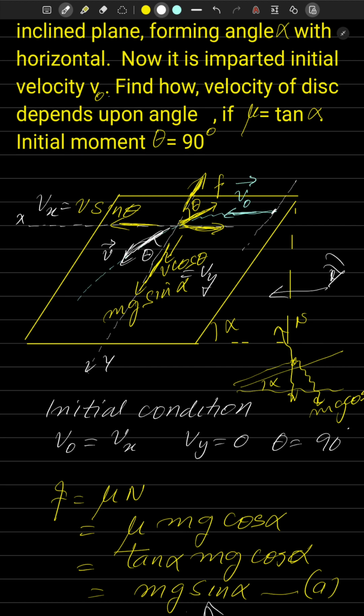It retards your velocity along the x-axis, and one component of friction retards your motion along the y-axis. And along the trajectory, theta keeps on changing. So how to find theta, and how to tackle the problem.